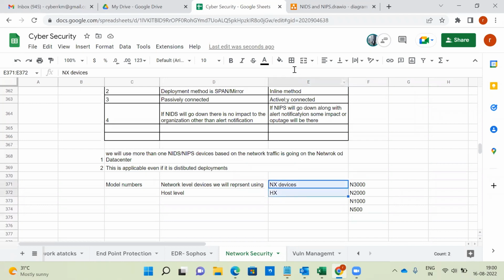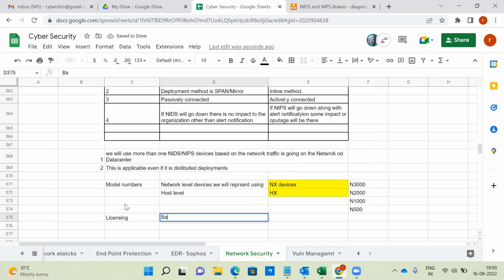So next one, licensing option. Same thing. Based on the number of end users. Next one is based on LAN throughput. LAN throughput is nothing but output. Maybe for example 10 GB, 20 GB, 30 GB, 40 GB, and so on.